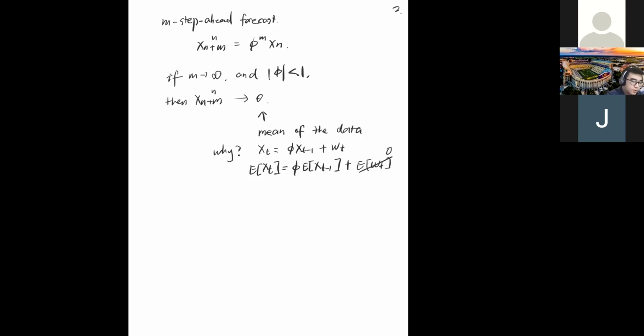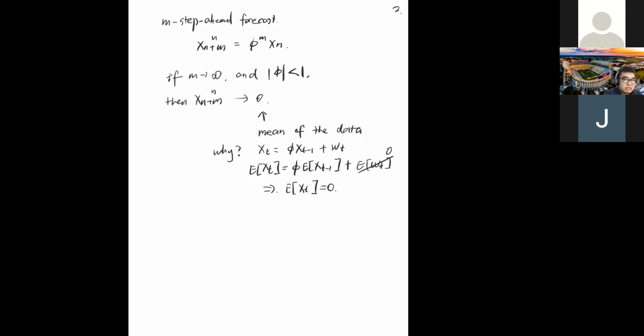The expectation of x_t is equal to phi times the expectation of x_{t-1}, and because our model is a stationary model, this implies that the expectation of x_t is equal to 0. So the m step ahead forecast simply tells us that it is 0. It is the mean of the data.